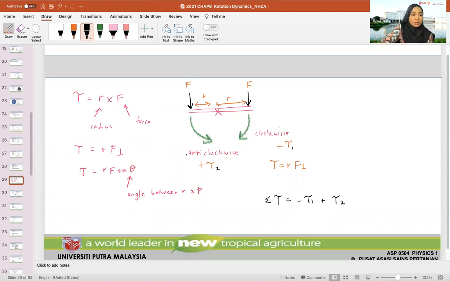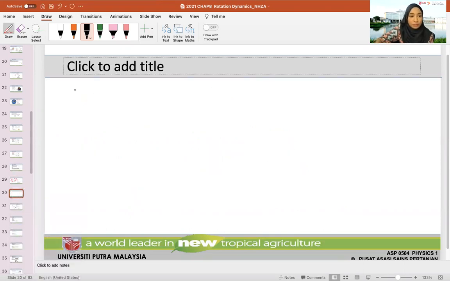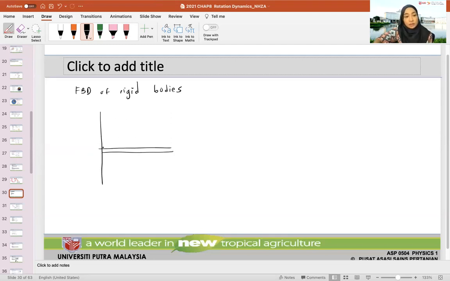Now we talked about free body diagrams as well, free body diagrams of rigid bodies. Imagine that we have a beam that is connected to a wall, and this is a hinge, meaning it is free to rotate upwards or downwards.